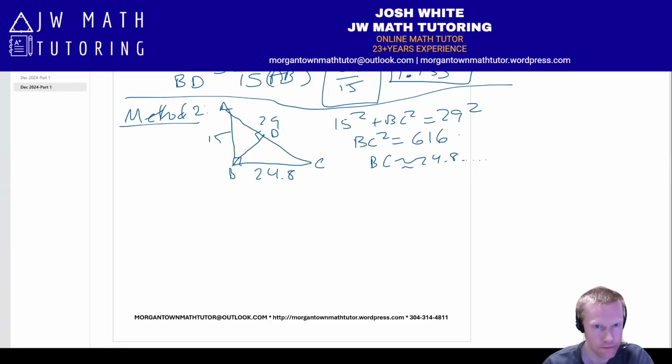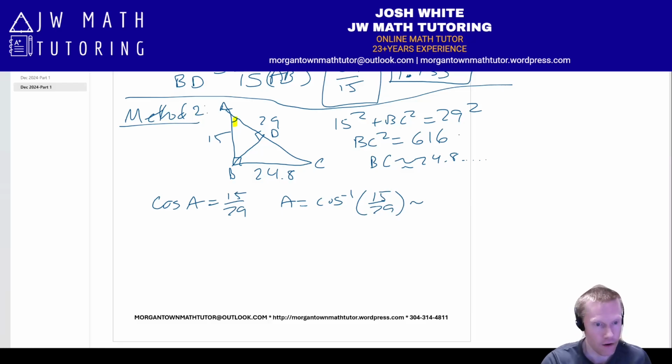So I'm going to first find the measure of this angle A up here by looking at the overall large triangle and noting that the cosine of A is equal to the adjacent over the hypotenuse. So angle A is equal to the inverse cosine of 15 over 29.